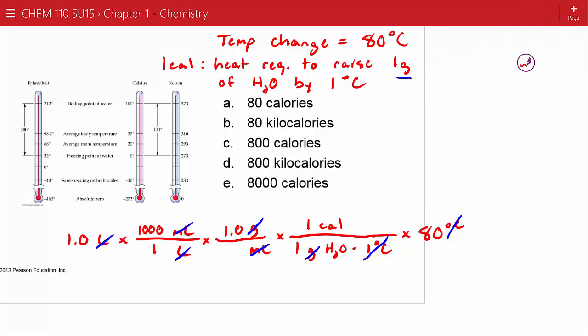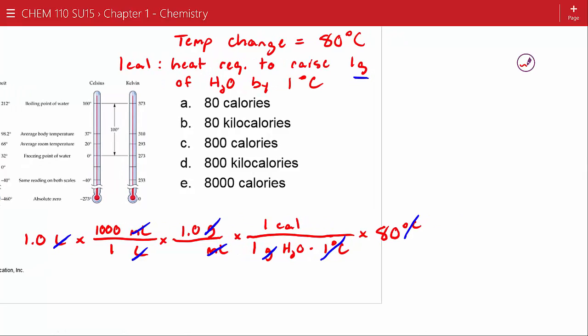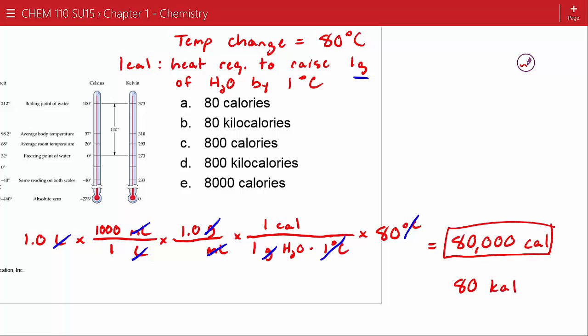And if we go through and we do all the math, we get 80,000 calories. Or another way of writing this would be 80 what? Or 80 kcals. So either of these would be our correct answer. So if we go back up and we look at this one, the correct answer would be B.